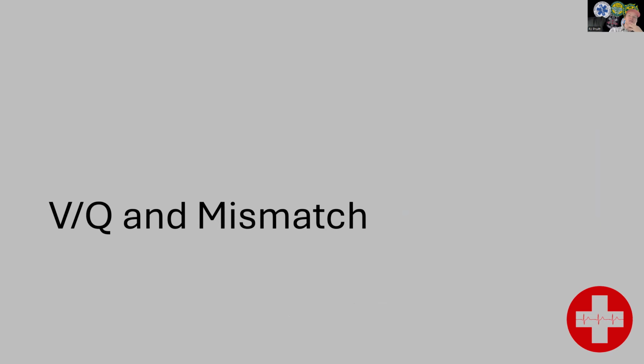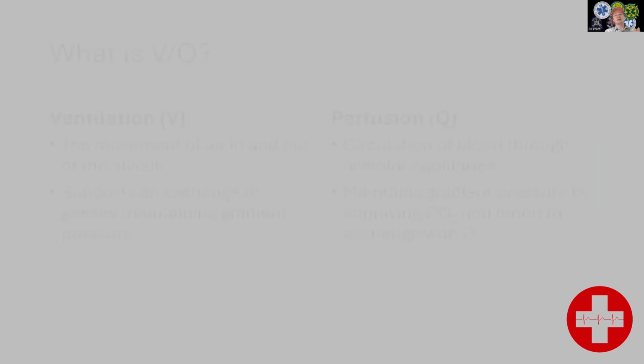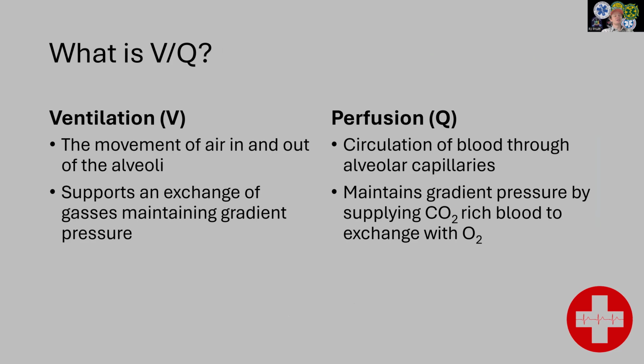VQ mismatch. So we talked a little bit about VQ in class. But basically, VQ is a ratio between the amount of ventilation we're doing, the amount of air that's getting in and out of the alveoli, and the amount of perfusion that we have, which is how much blood is successfully getting to the alveoli to pick up that oxygen that we're pulling in.